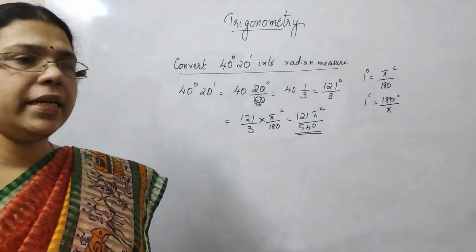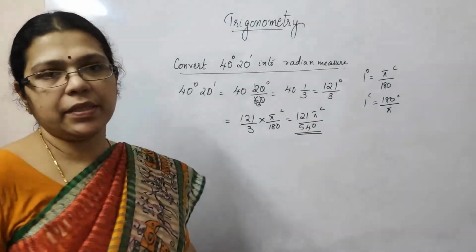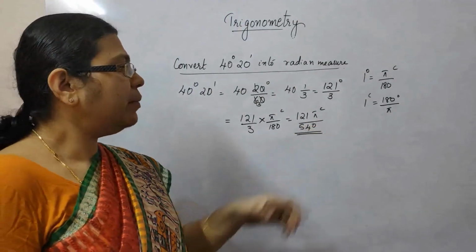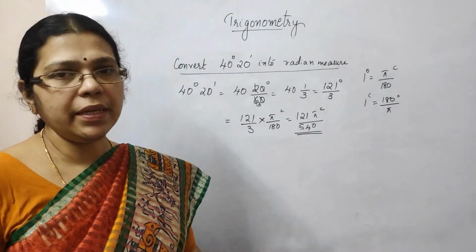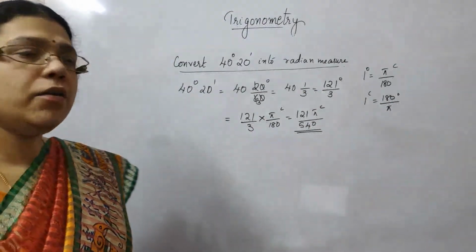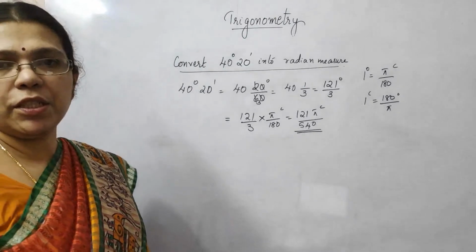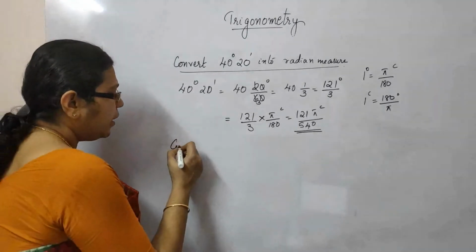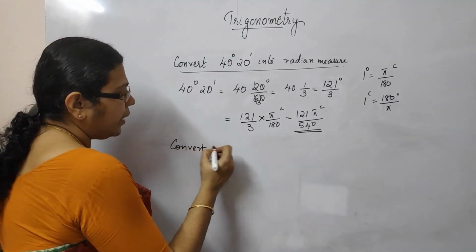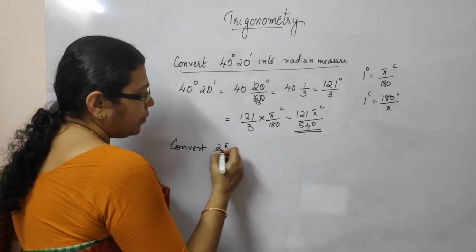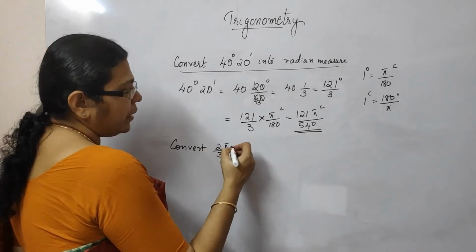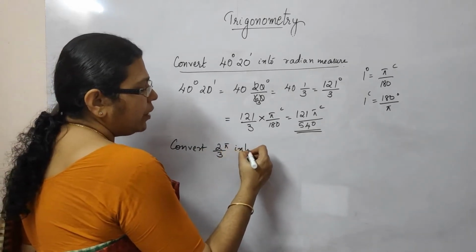Whenever you write in radian measure, you will have a pi with it. Am I clear? Now let's see how to convert a radian measure into a degree measure. Suppose I take 2 by 3 pi radian into degree.